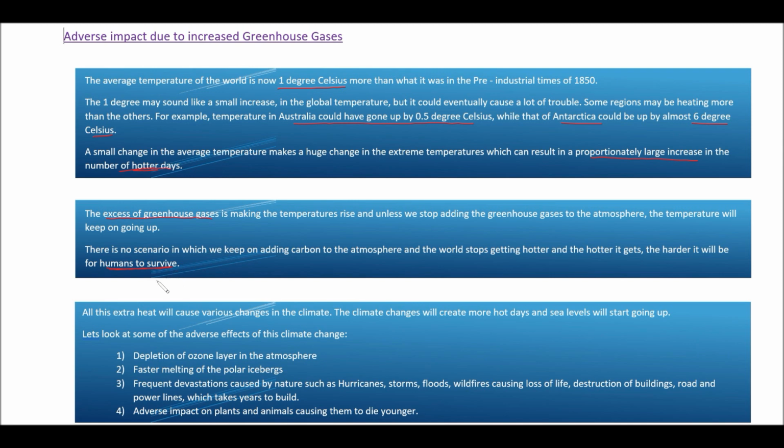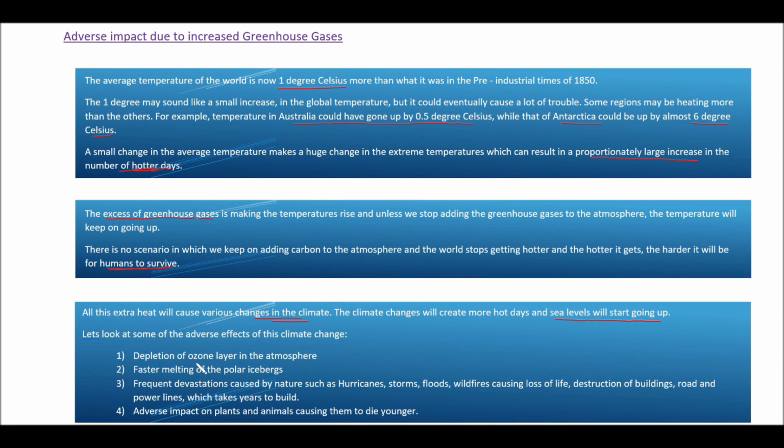Now all this extra heat is going to cause various changes in the climate. The climate changes will create more hot days, and what eventually happens is that the sea levels will start going up. So it's a chain reaction which will impact a lot of things in the climate. Now let's look at some of the adverse effects of this climate change.